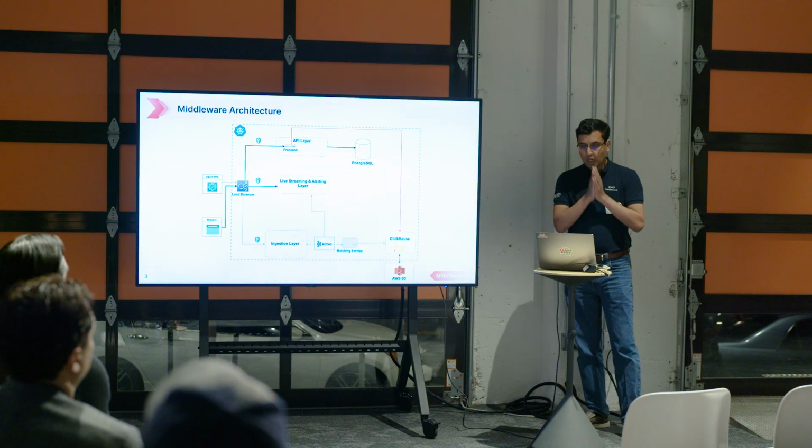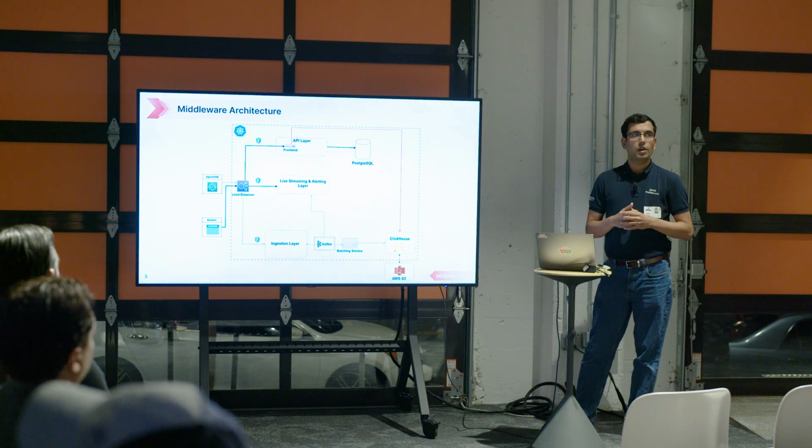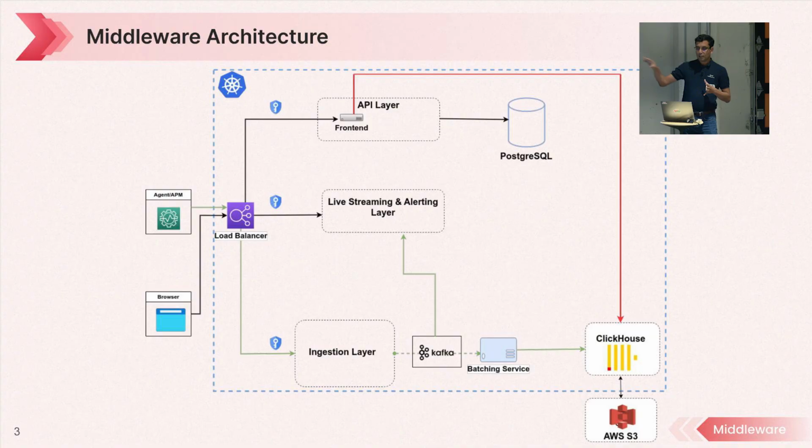Before I explain how we use ClickHouse, let me quickly show you the architecture of our services. Here we run everything on Kubernetes. Even ClickHouse is run as a stateful set on Kubernetes.